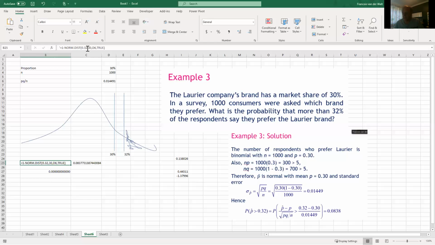So the real answer is, instead of using percentages, use fractions. So instead of using this proportion, I should really say 0.3 and not format it as a percentage. But okay, let's try again, 0.3. So be careful with that.